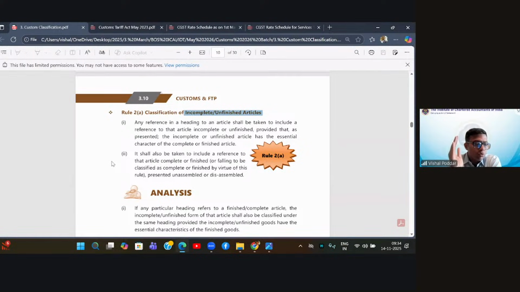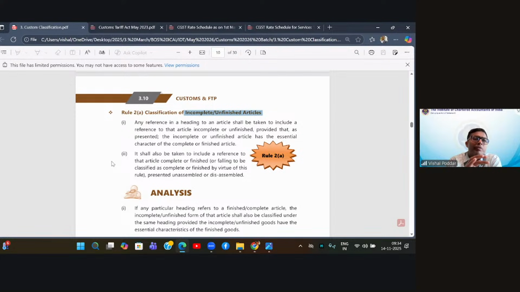Now, what this rule is trying to tell you is that when different parts are sent, you have to keep in mind that even though what is physically being transported appears to be parts, the intention is that the manufacturer is sending the final product only.